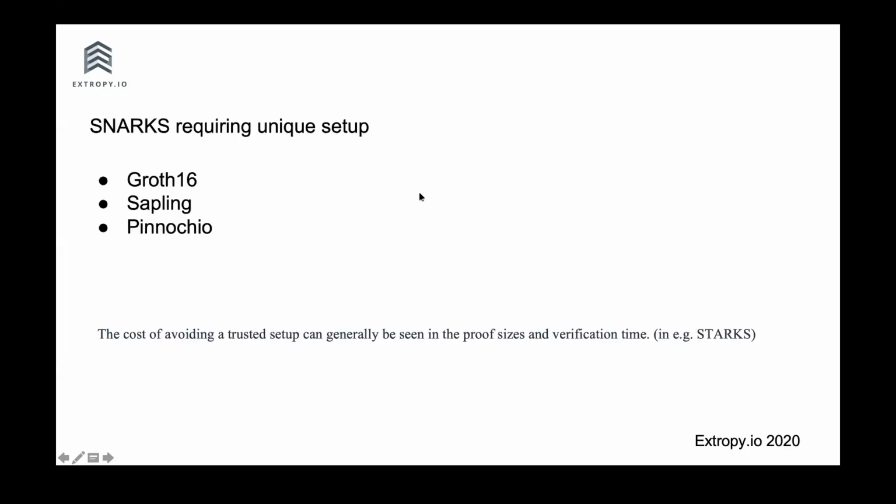And so SNARKs generally require the setup, and there are different means of producing SNARKs. So here are some of the possibilities. These require a setup, and it is seen as a cost. And people have tried to find alternatives to this.